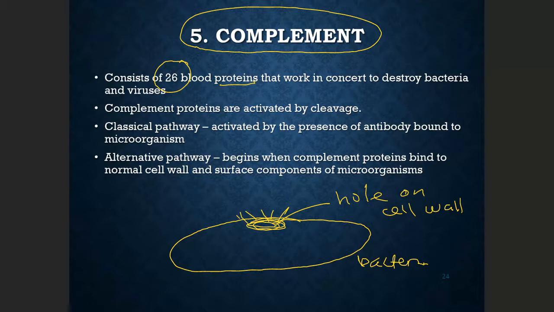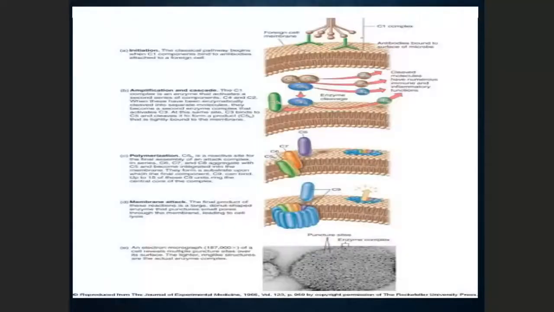When the bacterial cell wall is destroyed and becomes a hole over here, the water will enter into the cell. When the water enters, the cell becomes bigger and finally explodes because of this process. So this is the process of destruction of a bacterial cell by the complement system.